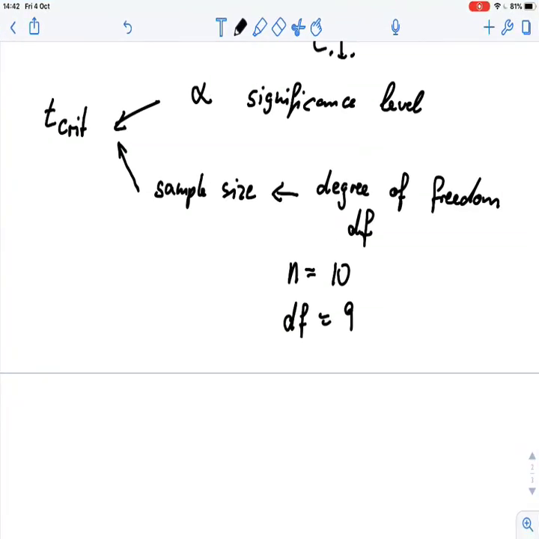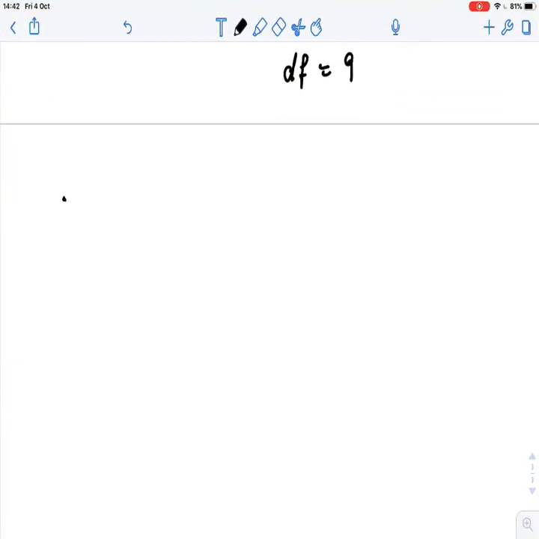In any spreadsheet, it is t.inv.2t, your alpha, your significance level, comma, degree of freedom. That's the function that you can put into Excel or Google Sheets.